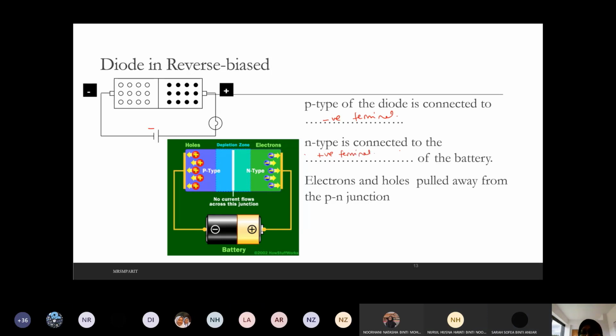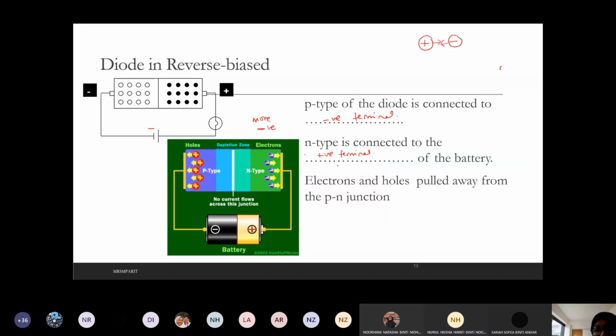So you know already, so this one dia adalah negative, more negative kan. So kalau more negative dengan positive, kalau kita belajar tajuk electric, positive charge dengan negative charge, what happen? Attract each other. Yes, they attract, they love each other.